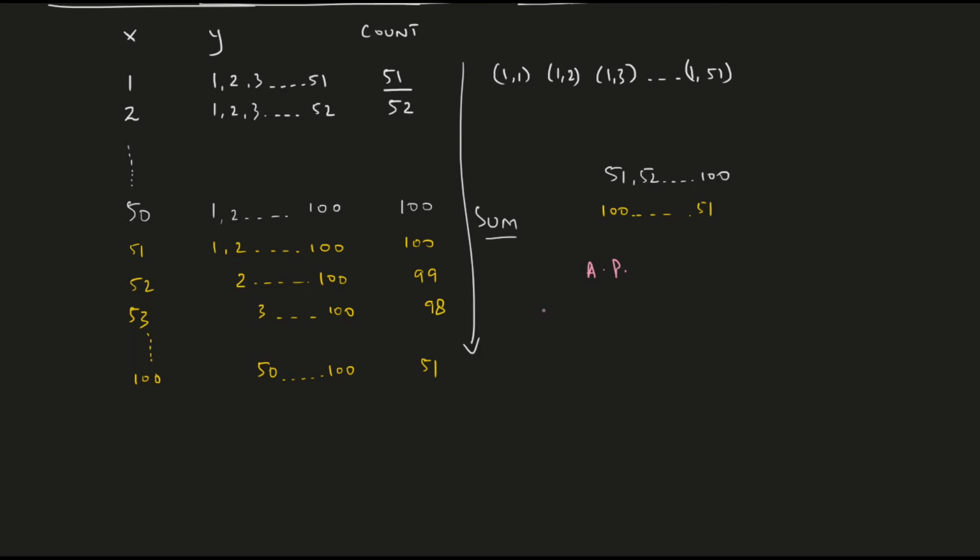The first series starts from 51, the last term is 100, and the number of terms is 50. I need to calculate the sum of the series and then multiply it by 2 because I have two of these. That's a very basic formula that you should know.